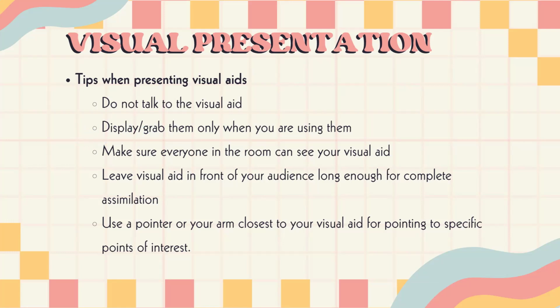Say I'm in my intro or my conclusion and I'm still holding one of my visuals, that's super distracting. All of our eyes are on that visual. We're not focused on what you're saying to us, especially if it's not related to what you're saying.